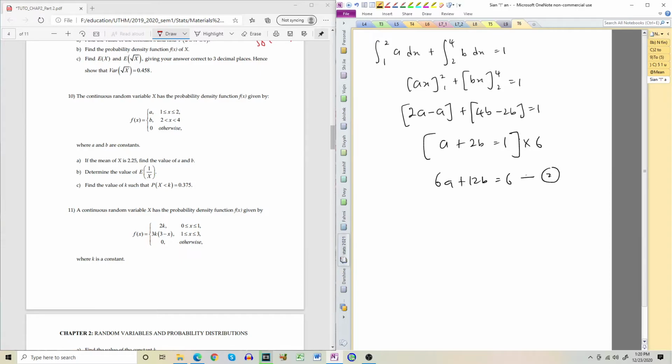This is my second equation. So 3 minus 2, you will get 12b. 3b is equal to 1/4. Therefore you substitute in any equation, you should get a equal to 1/2. Okay, this a you can substitute in any equation. This one also can, this one also can, anything can.